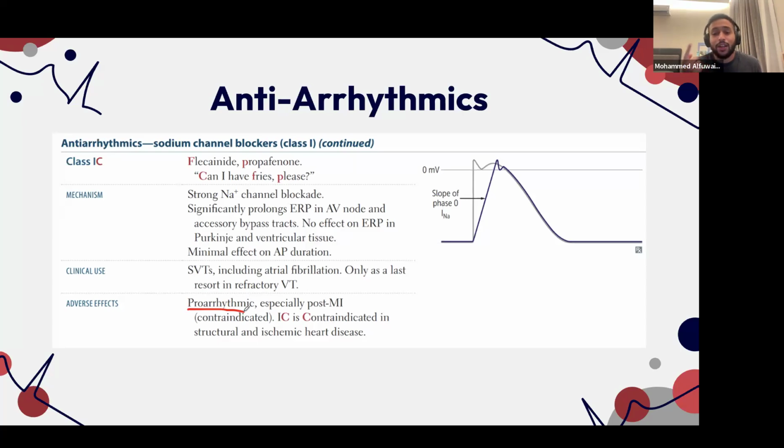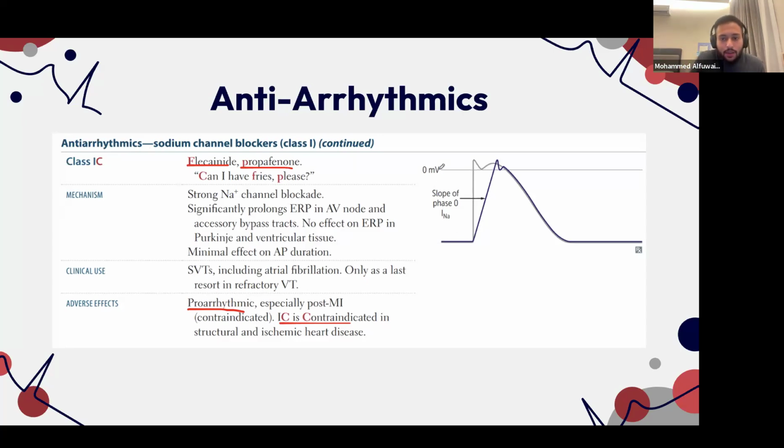This infarcted tissue is very, very arrhythmic because of sodium accumulation. So if you give a drug that is pro-arrhythmic to a tissue that is pro-arrhythmic, you're going to cause an arrhythmia. That's why it's contraindicated. You have two drugs, flecainide and propafenone. These two drugs are 1C. So that's basically that.